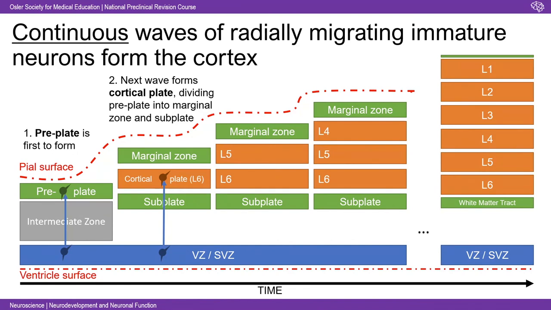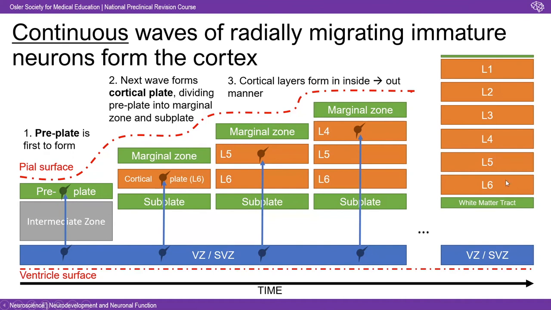So the first layer to form is layer 6, the next layer to form is layer 5, and each wave of migrating neurons establishes the next layer out, if you like. So over on the right hand side, we see a fully developed cortex where layer 6 was the first to form.